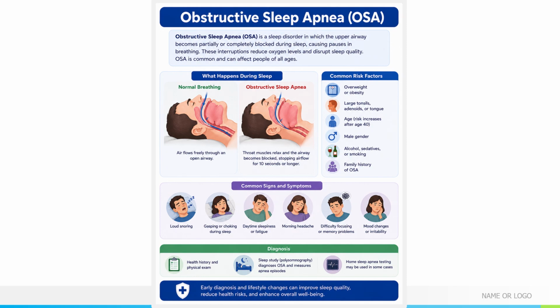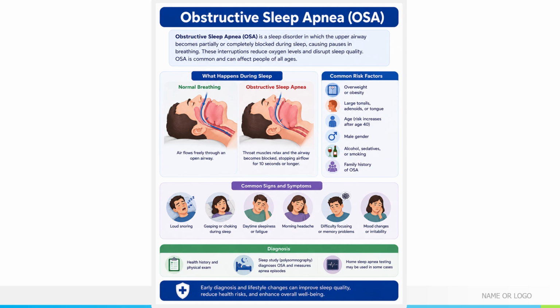Risk factors and causes. Several anatomical and lifestyle factors increase the likelihood that the upper airway will collapse during sleep. One of the strongest risk factors here is going to be obesity. Any excess adipose tissue around the neck and pharynx narrows that airway, making collapse more likely when muscle tone decreases during sleep.